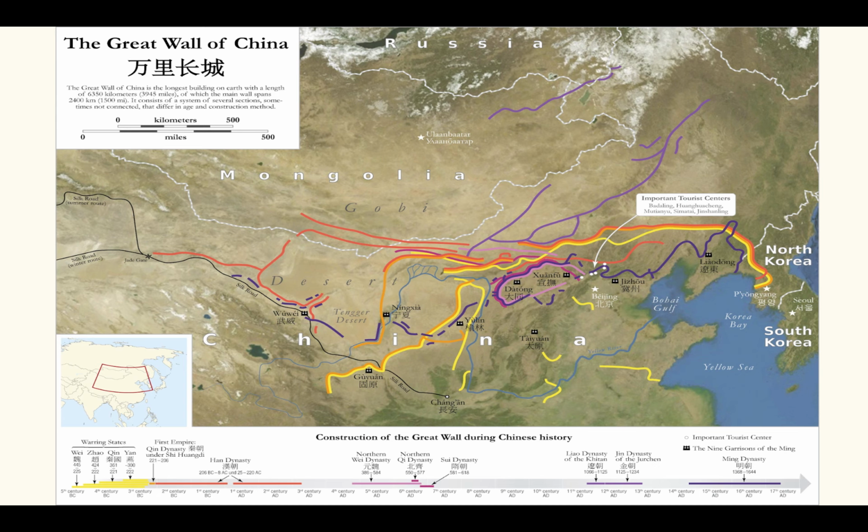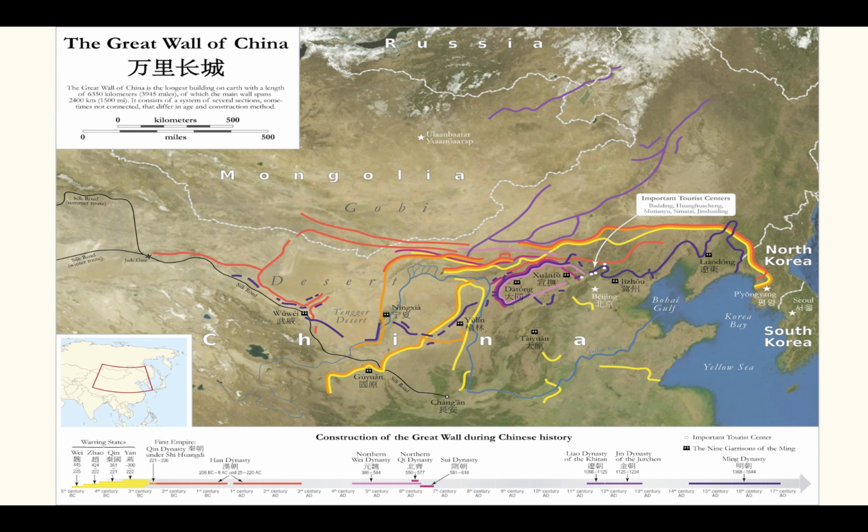The Great Wall is really not one singular wall. It's a series of walls that occasionally got connected for various political and military purposes throughout time. Everything you see in yellow, that's stuff that goes back to the 5th, 4th, 3rd century BCE that was built to keep out invaders from the north and for various military purposes, and that's significant, but that's very old.